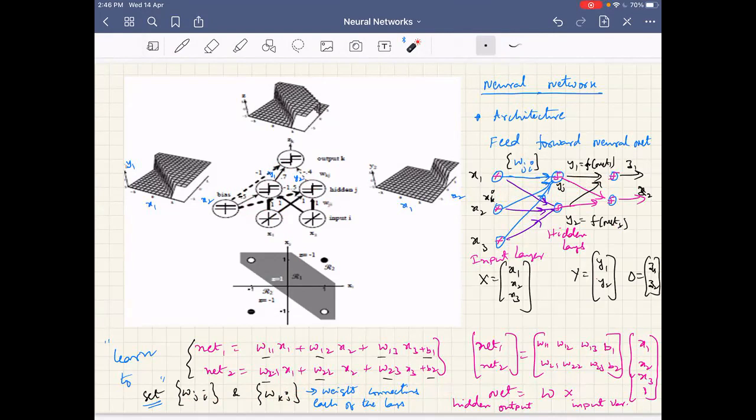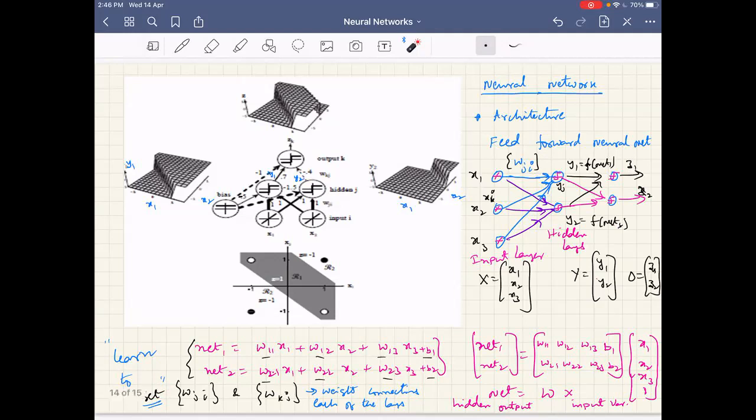Or how do we learn them such that all class 1 samples get classified to class 1 and all class 2 samples get classified to class 2? That is referred to as learning a neural network. In the next class, let us see how we learn a neural network.